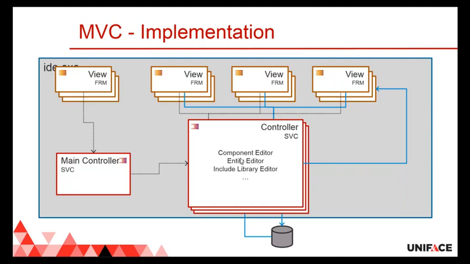So this controller also provides information to a view of another controller, not only to its own views, but also to views of another controller. Obviously, that kind of information is read-only. You cannot edit it, but it can be shown.